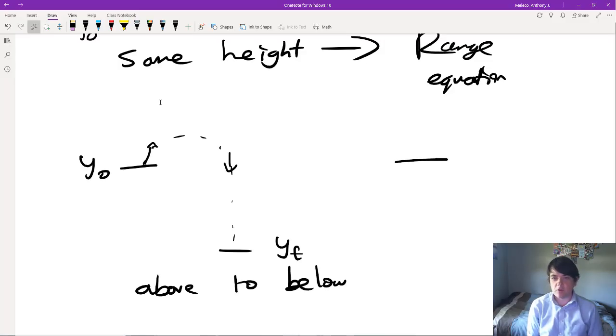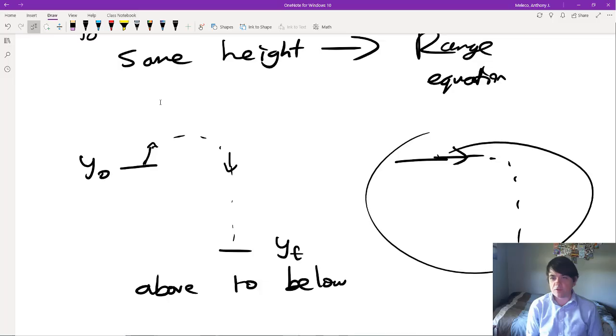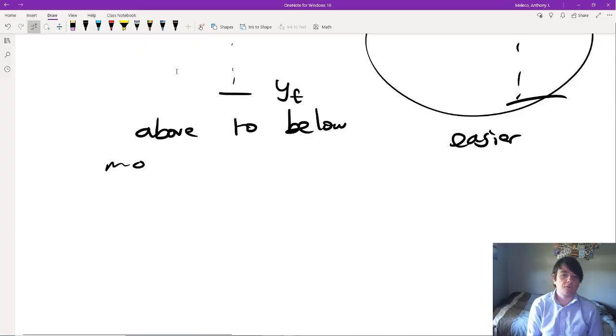That's one variant. You can also just chuck something off a cliff, and then it goes like this. This version is easier than this. Anything where you're going up and down and crossing a path twice is just more difficult.